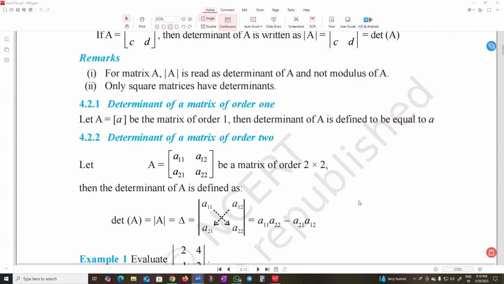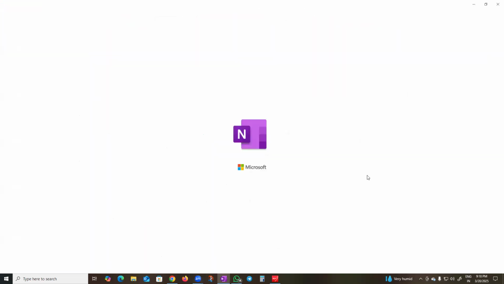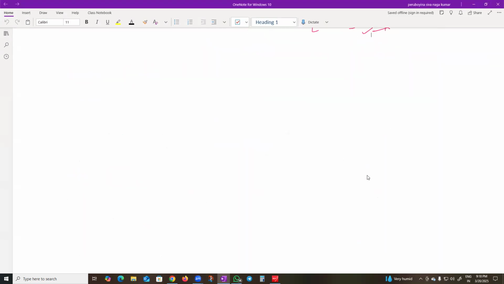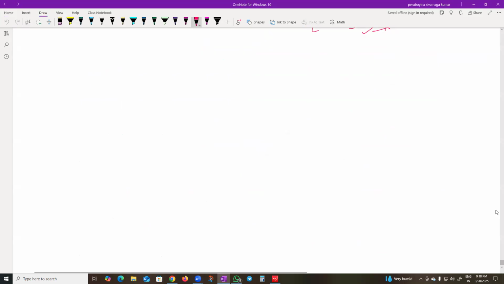Determinants will be calculated only for square matrices. Especially if you see the determinant of a 2 by 2 matrix, for example, you can consider a matrix A, B, C, D. First of all, you need to confirm whether it is a square matrix or not.